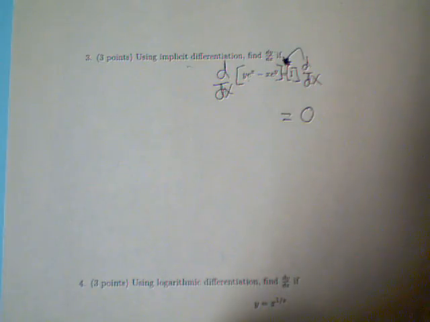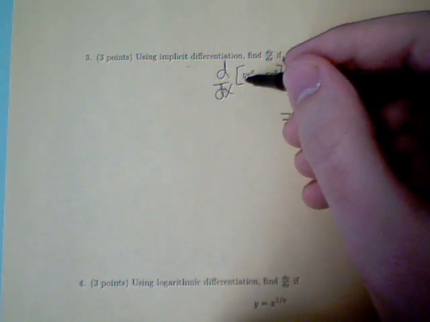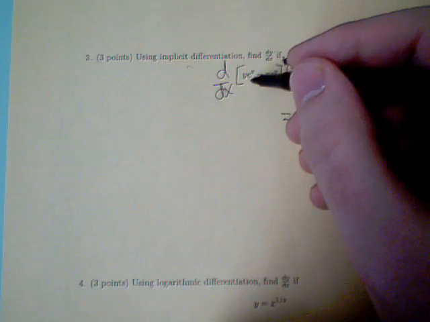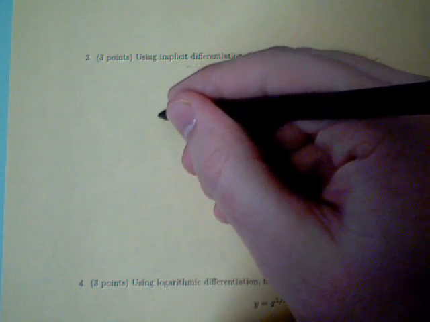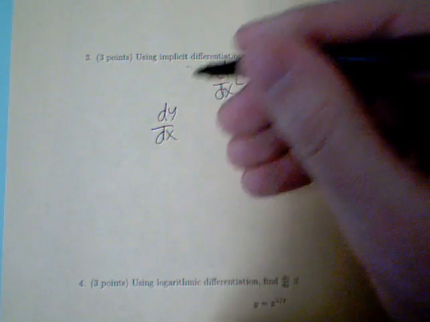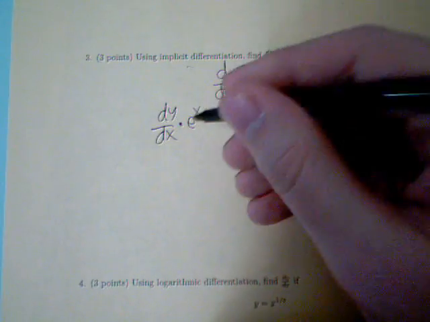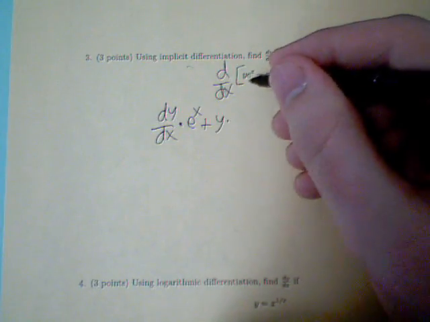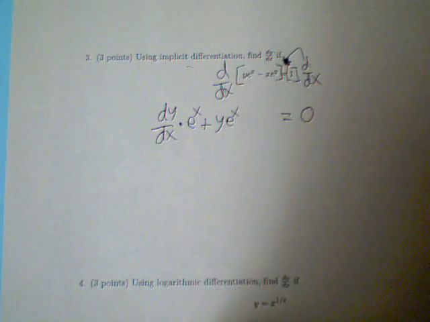On the left side, it's going to take a little bit more. Start with y times e to the x. Use the product rule: derivative of y, let's say dy/dx, times e to the x, plus y times the derivative of e to the x, which is just e to the x.